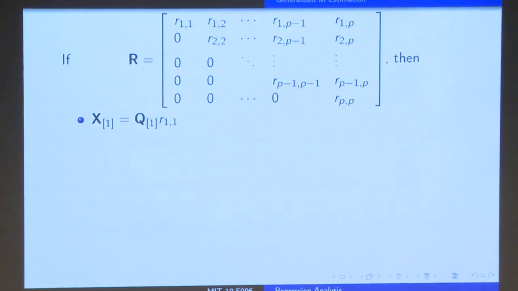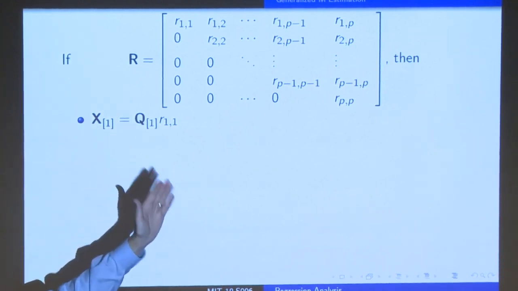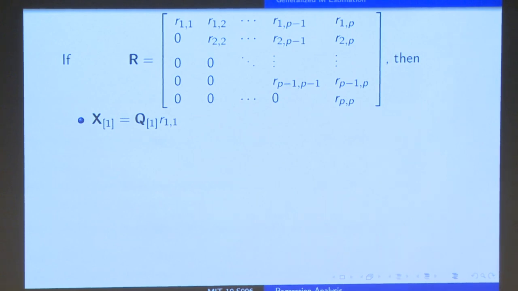Let's see. If we define R, the upper triangular matrix in the QR decomposition, to have zeros below the diagonal and then possibly non-zero values along the diagonal and to the right, we're just going to solve for Q and R through this Gram-Schmidt process.